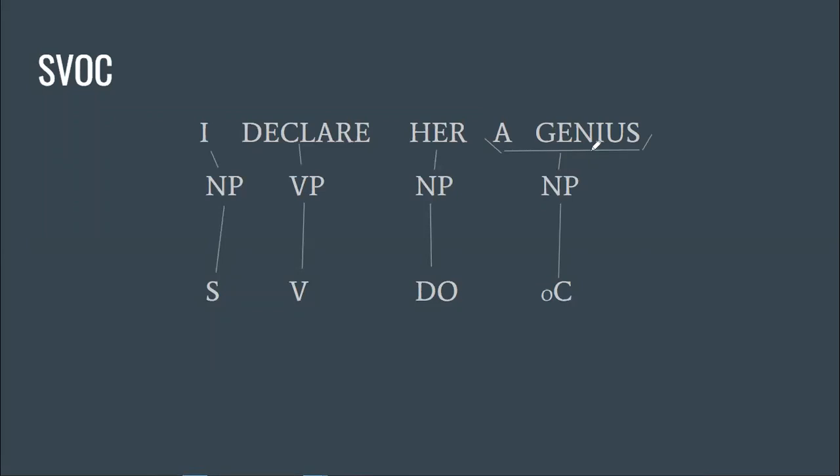"A genius," a determiner and a noun, so it's a noun phrase acting as a complement of the object, right? A complement of the object, because we are talking about her, the direct object. So we have SVOC.